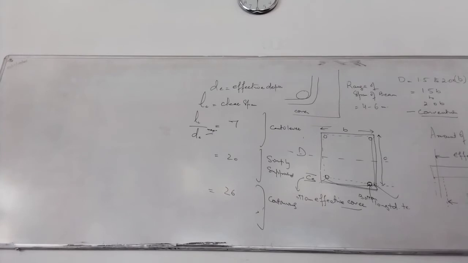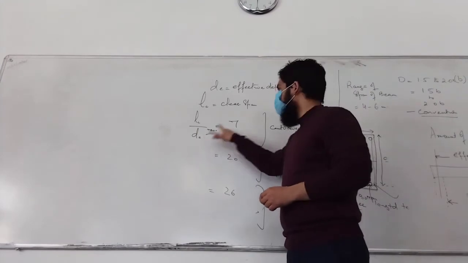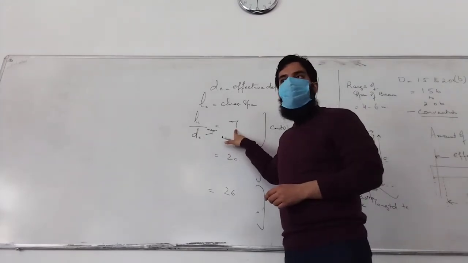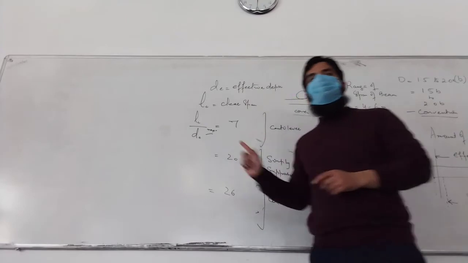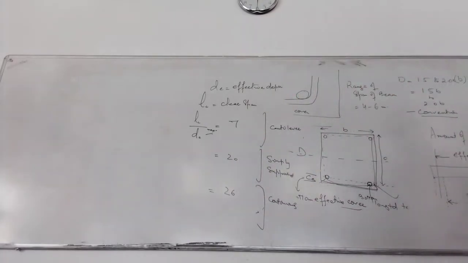Depth, effective depth कितनी होगी? 400. तो 400 into 7 है 2800. 2.8. लेकिन मेरा कमरा यहाँ पर 6 मीटर कैंटिलीवर. This is not when it's cantilever. You cannot go beyond 2.8 meter if you are taking that.